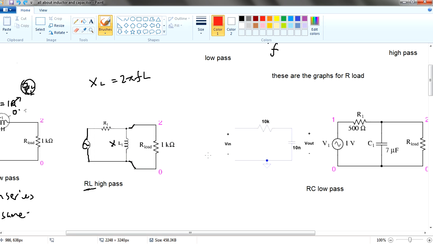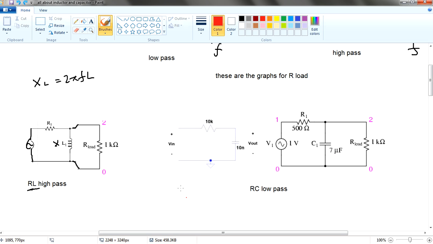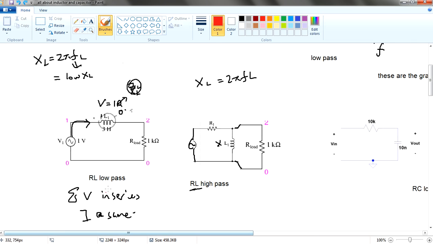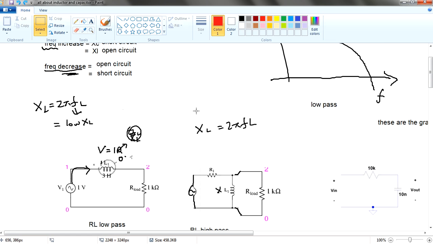So this is one key thing. Since you know the difference between the low pass and the high pass for RL, you also know that the relationship between inductor and capacitor is opposite, because 2 pi FL and 1 over 2 pi FC are just two different pathways.